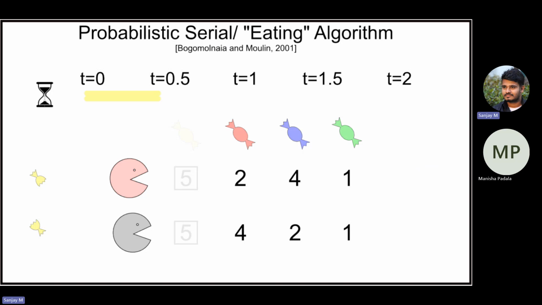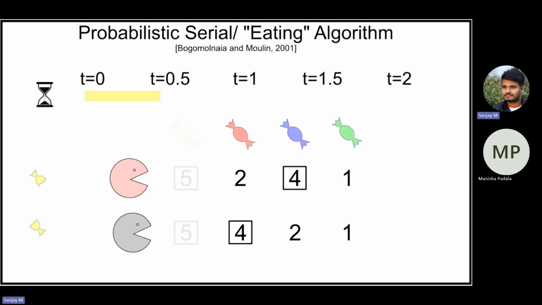Again, they ask themselves what to eat next. They're going to eat their favorite remaining item at equal speeds. For this agent, the favorite is the purple candy. For this agent, the favorite is the red candy. So now they can eat in an uncontested manner, with the whole candy to themselves.